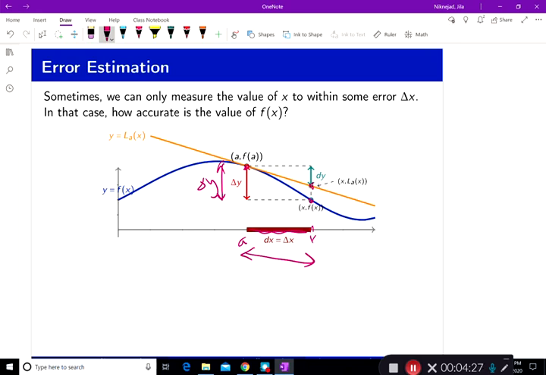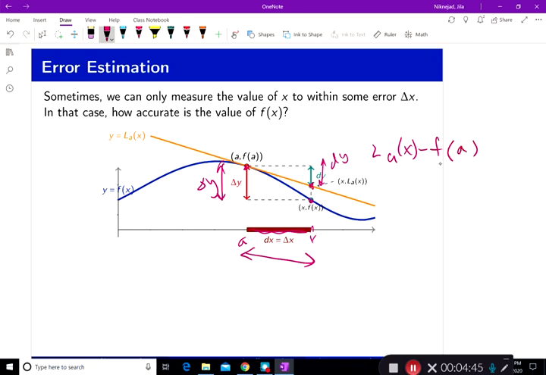And the difference between L_a of x and f of a, we call it dy.